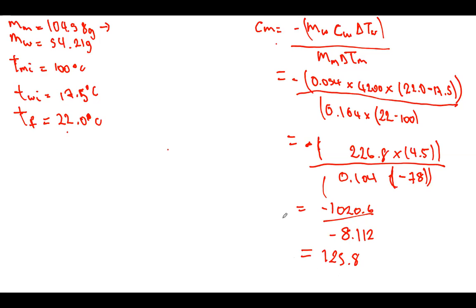Right, so this is the specific heat capacity of our metal, Cm. I know you probably won't remember the units, but it is joules per kilogram per Kelvin or per degree Celsius.